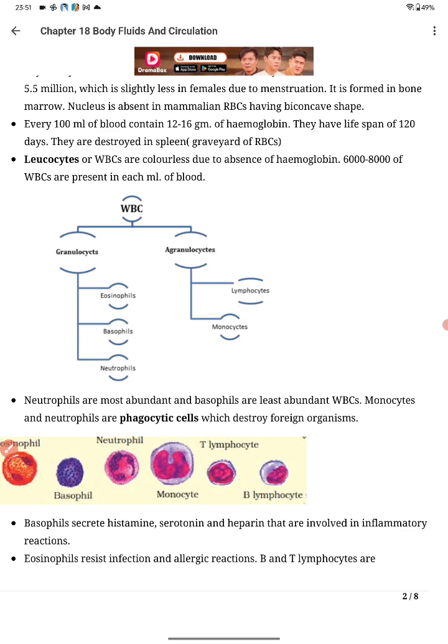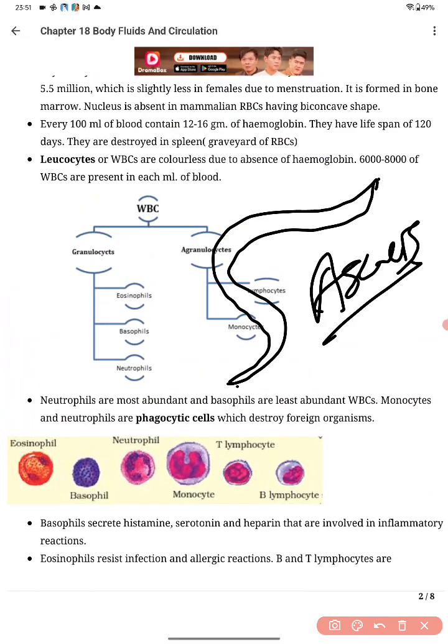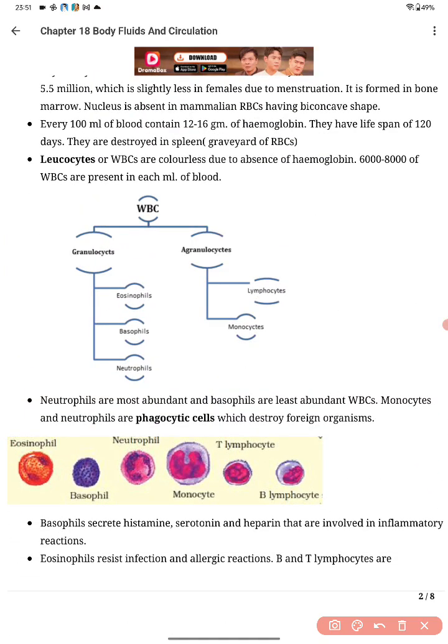During worm infection, the eosinophil number increases. So whenever a person is having allergy and gives blood for a complete blood count, if we see the eosinophil number is increased, it means the patient is having allergy or a parasitic infection like worm infections. So this is the importance of eosinophils.